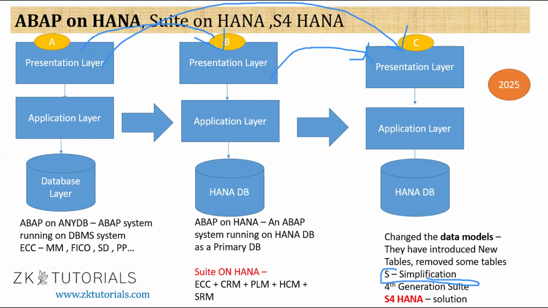How can you do the checks in the system and find out what potentially will not work or will cause problems in the system? For example, we saw the ATC errors in B when moving to the HANA database. The same thing we will do here also.